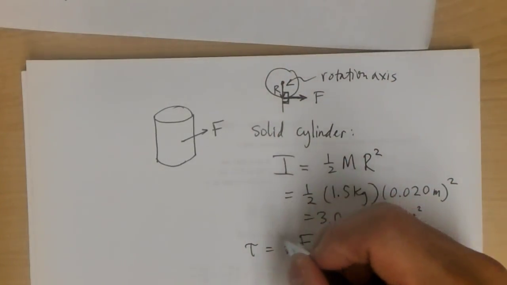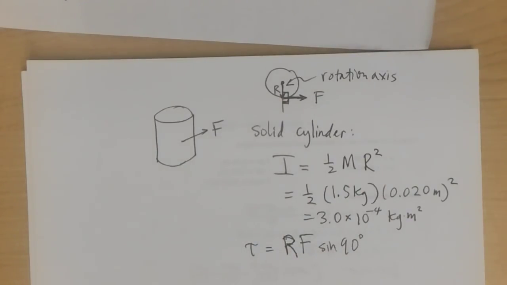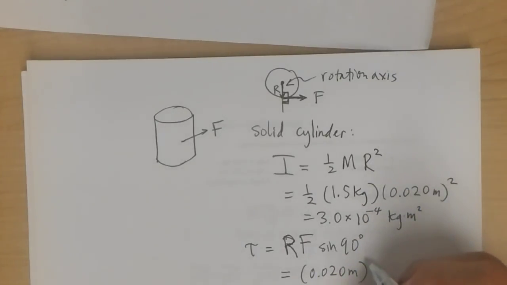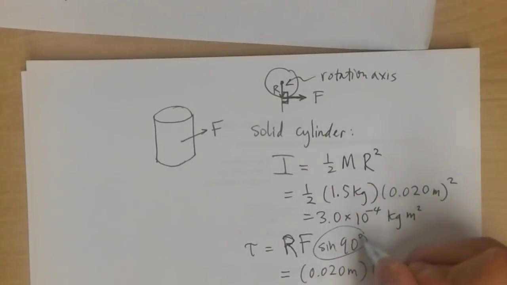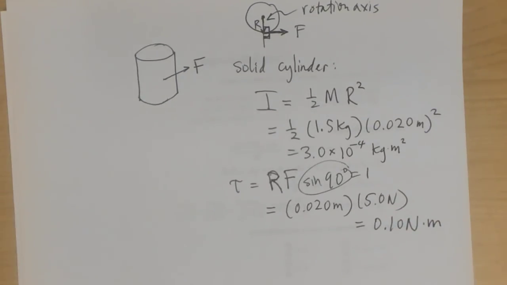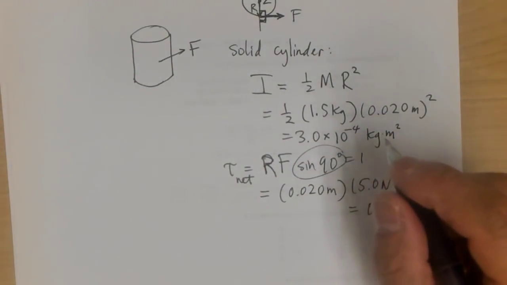I'll call this capital R, so might as well use that same symbol. So what is capital R? Capital R is 0.020 meters, so 2 centimeters, times the force, which is 5 newtons, times sine of 90 degrees, which is 1, so we get 0.10 newton meters. So this is the net torque, I should have said. There's only one force we're concerned with.